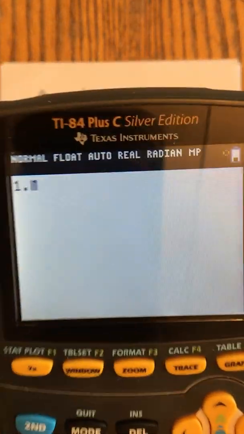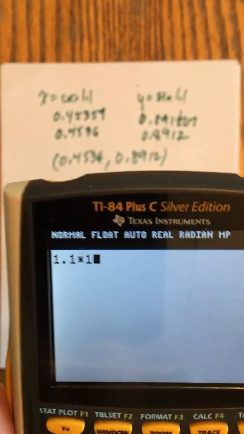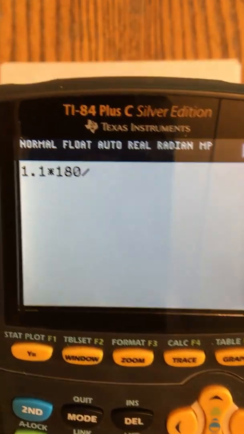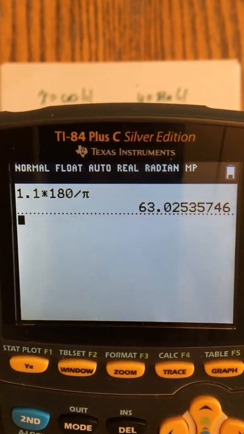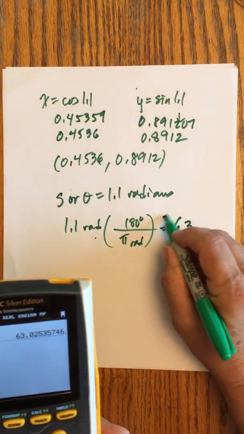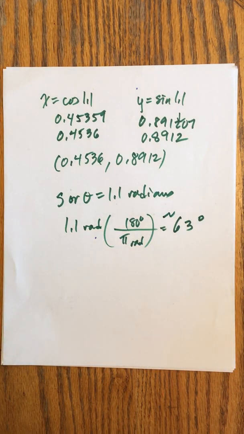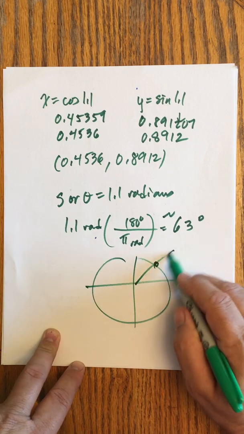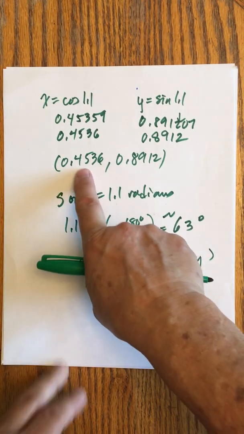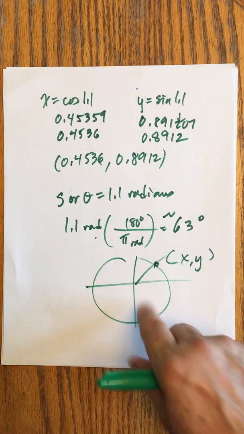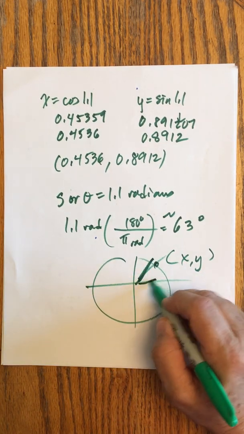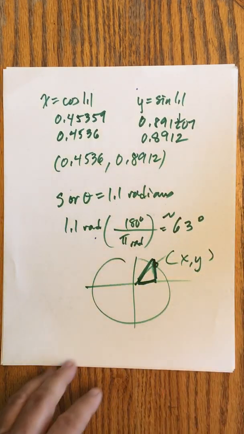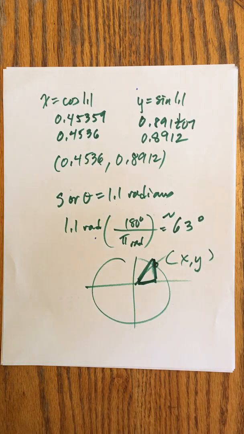I would say 1.1 times 180 divided by pi. I get 63 degrees or so. So hopefully what that means is you see that you're in quadrant 1 somewhere here, and that x and y being positive makes sense. And it looks like you're kind of higher up here, so this length x is about half as much as the y. Okay, thanks so much for listening.